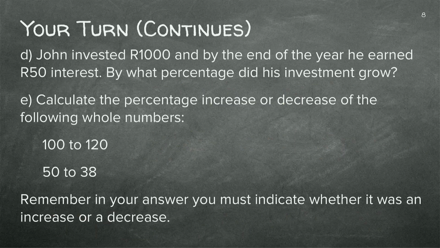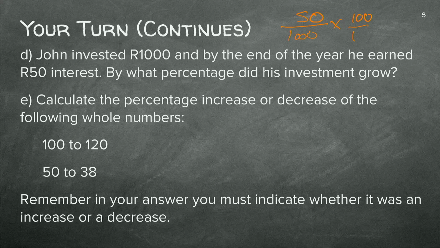John invested 1,000 rand, and by the end of the year he earned 50 rand interest. By what percentage did his investment grow? Now just pause. It's not so difficult. It's actually quite easy. Just read it again. So it was 50 over 1,000 times 100 over 1.